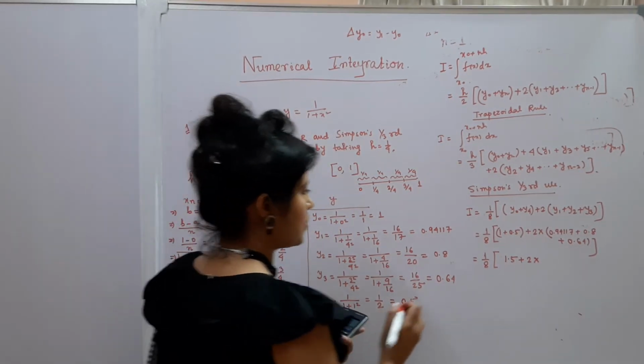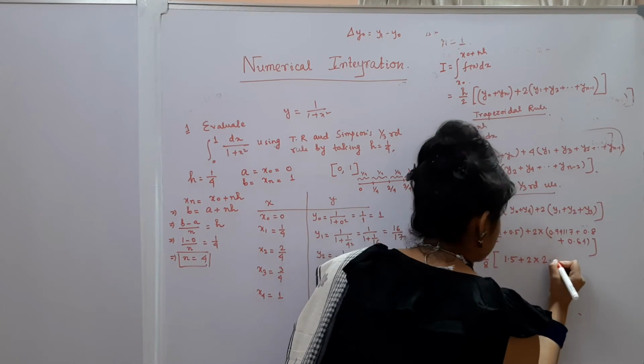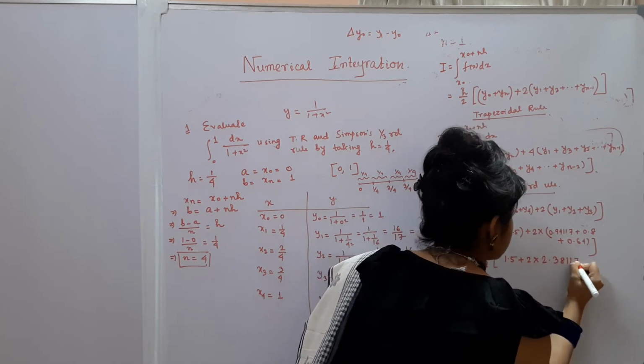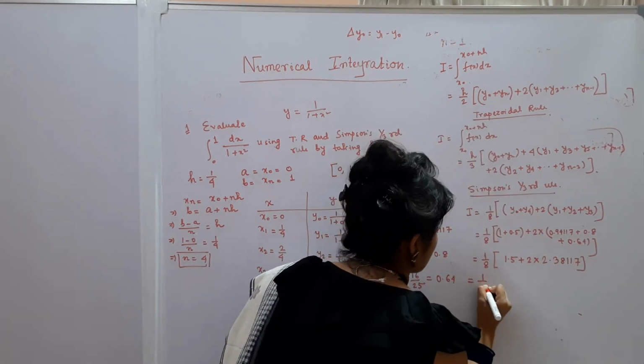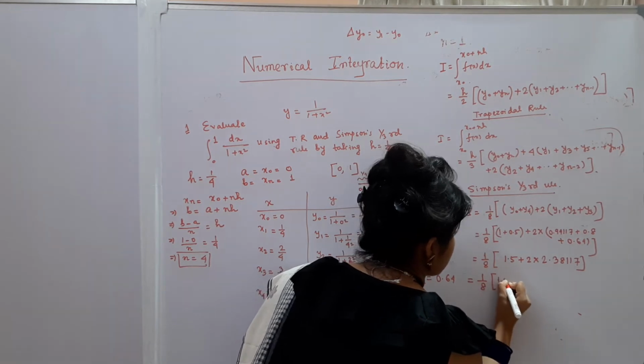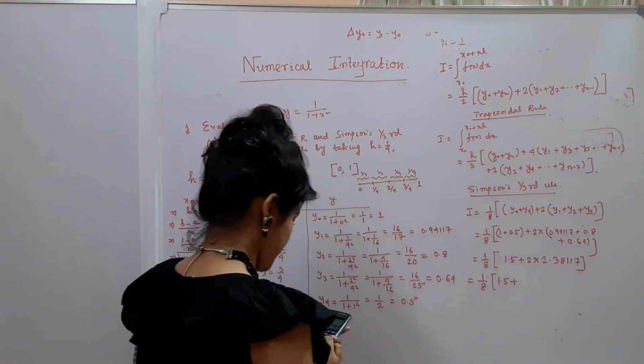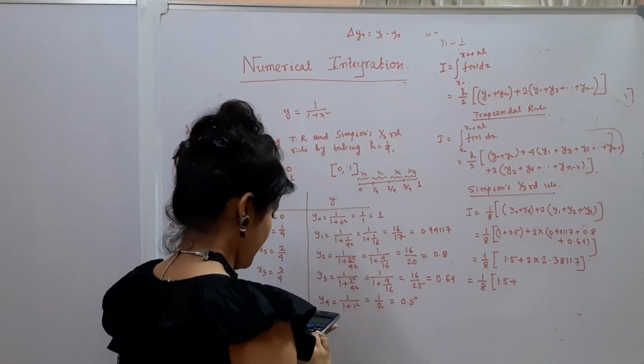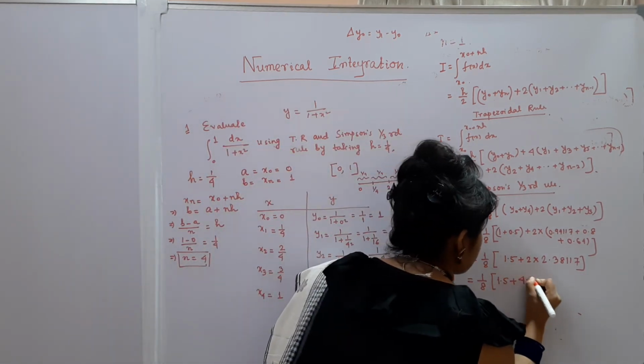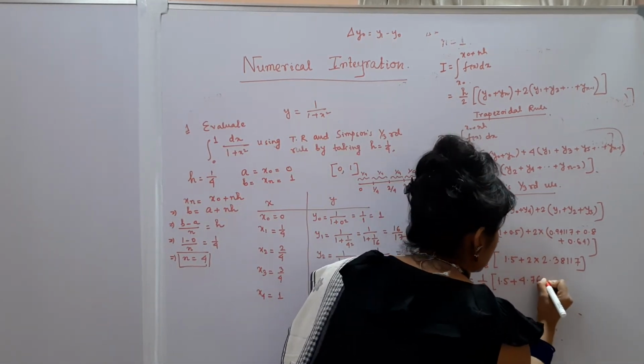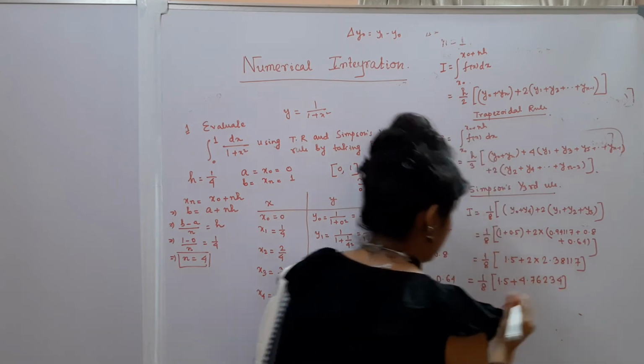So that is 2.38117. So 1 by 8, that is 1.5 plus into 2, that will give you 4.76234.